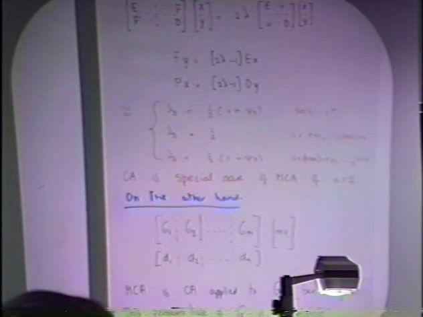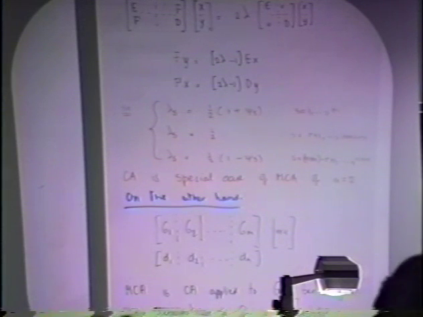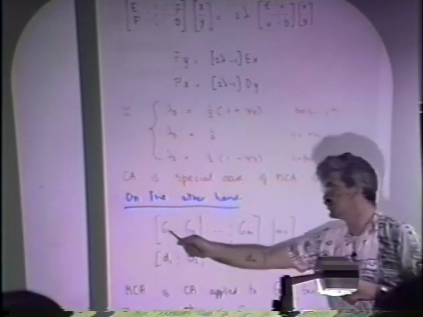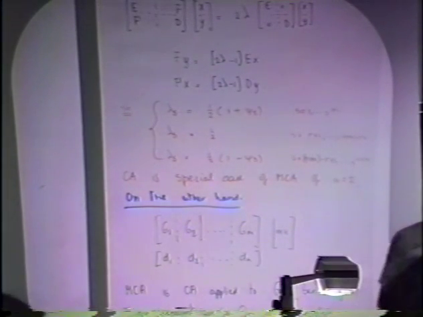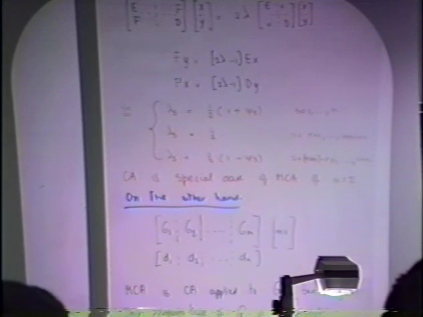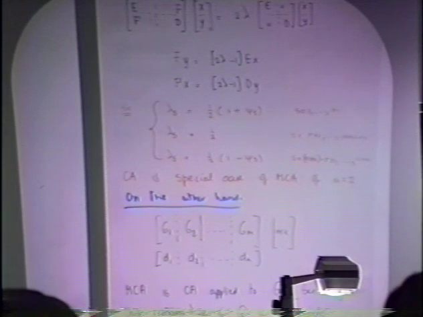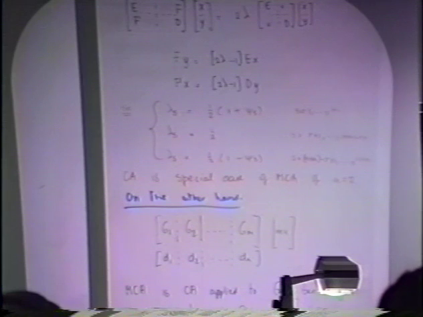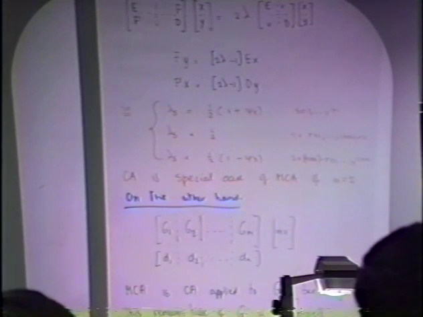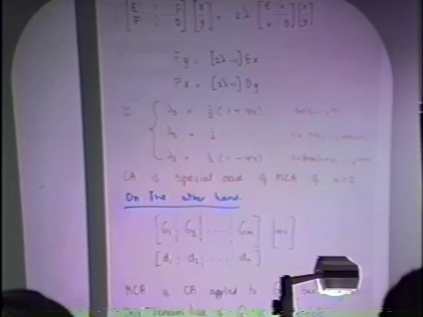This indicator matrix consists of a number of indicator matrices for each variable next to each other. If you apply ordinary correspondence analysis to that indicator matrix, then you get exactly the same results as you would get from multiple correspondence analysis. Now this shows that multiple correspondence analysis is a special case of correspondence analysis.